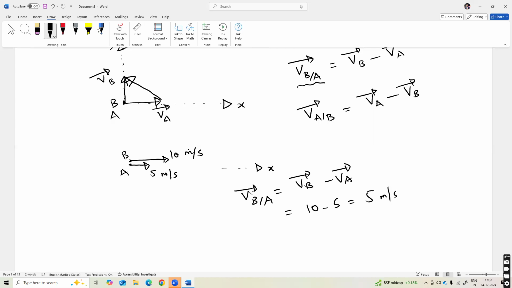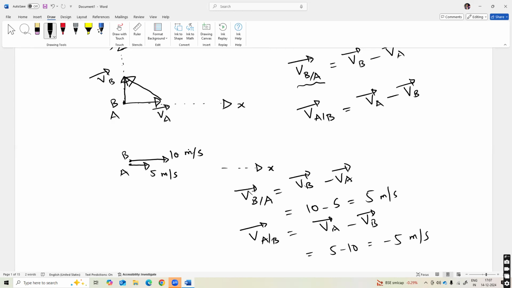Similarly, if we have to find the relative velocity of A with respect to B, then it will be va minus vb, and therefore it will be 5 minus 10, so minus 5 meter per second.